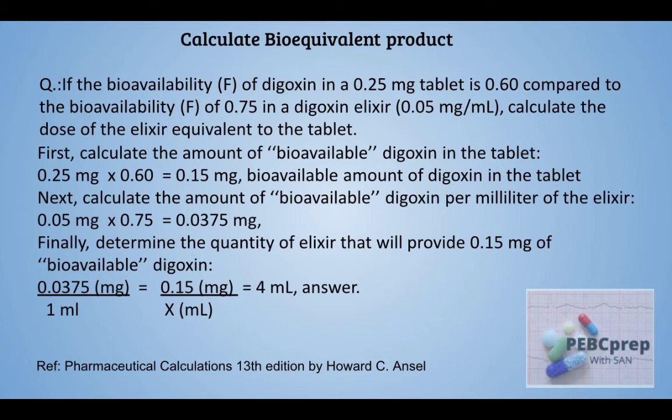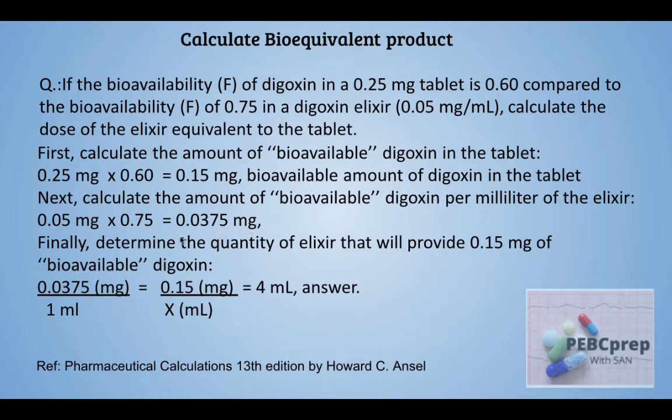First, calculate the amount of bioavailable digoxin in the tablet. We have 0.25 milligram of digoxin, multiply it by the bioavailability factor, and we get 0.15 milligrams. Next, we calculate the bioavailable digoxin per milliliter in the elixir. The amount is 0.5 milligram per mL, and we multiply it by 0.75, and we get 0.375 milligrams.